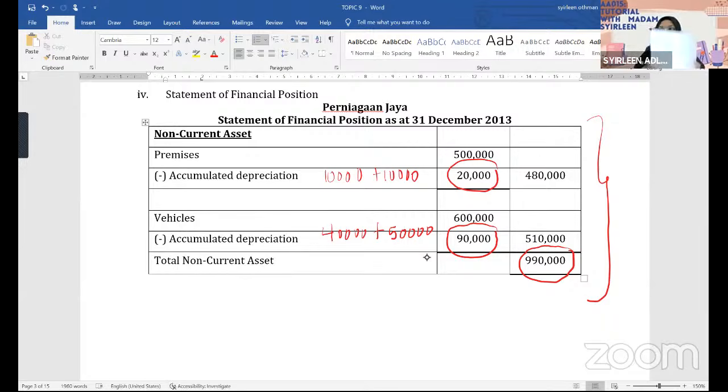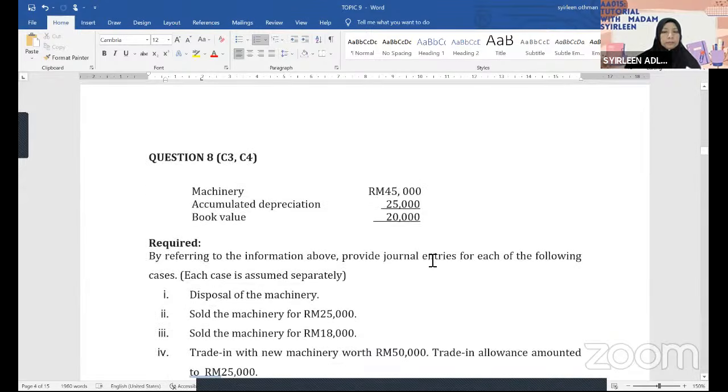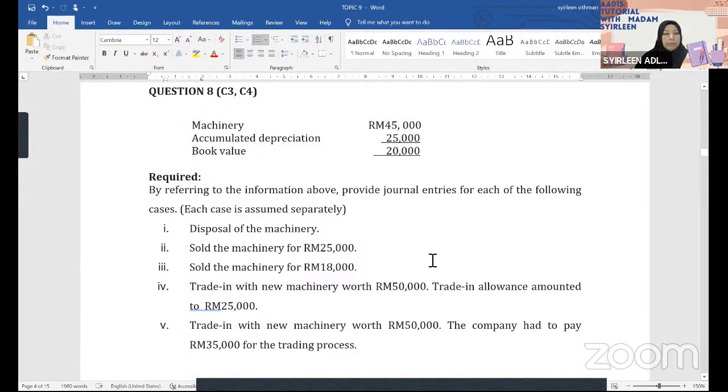Okay, alright, so kita akan tengok number 8. Untuk soalan 8, you have one asset that is machinery.